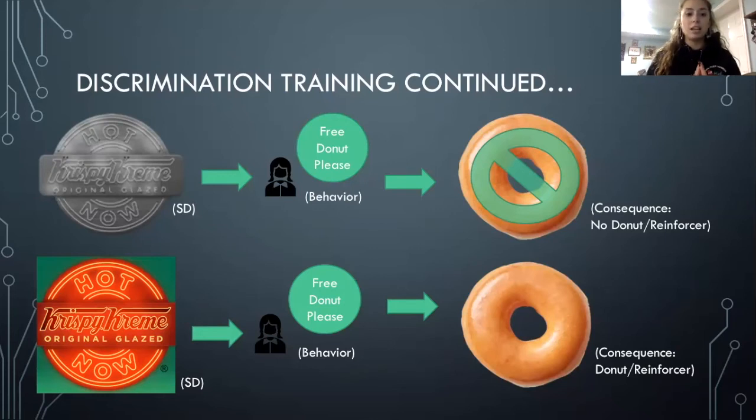If I go and the light is off and I engage in my behavior of asking for a free donut, I will not get reinforcement. Does that make sense? So my kiddo will be reinforced if he's playing with peers outside. He will not be reinforced if he's playing with peers during a lesson time or in a classroom. Okay.